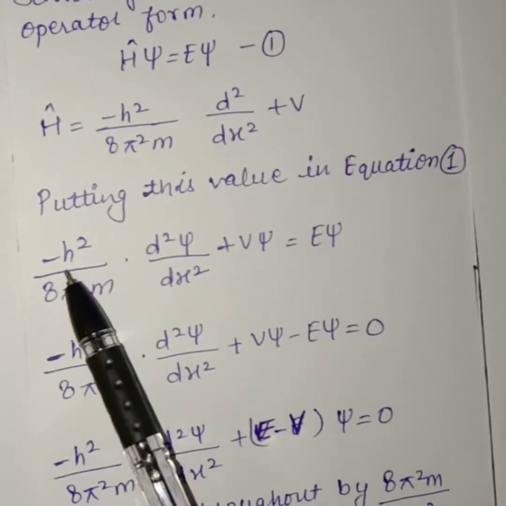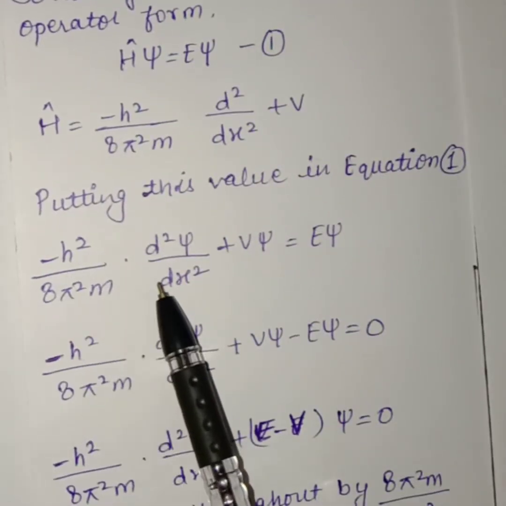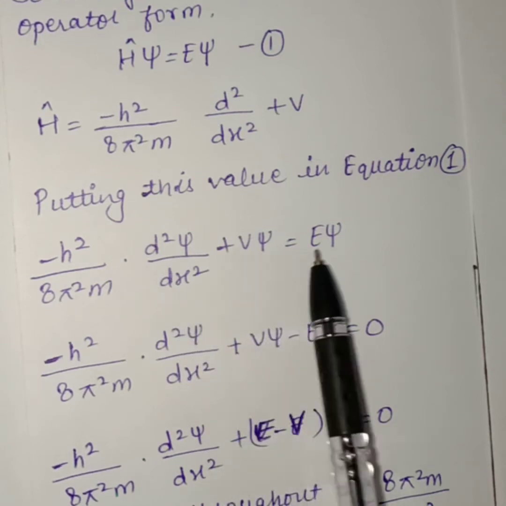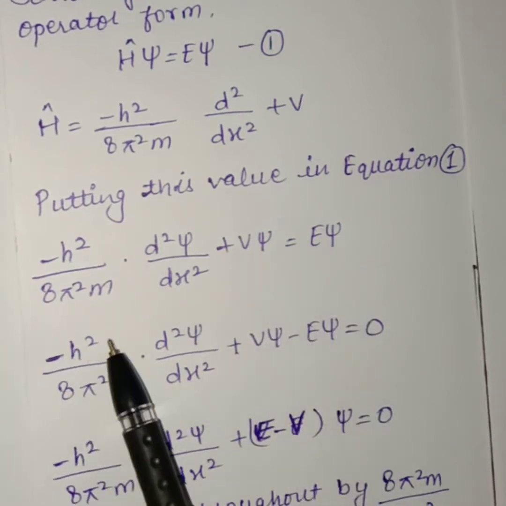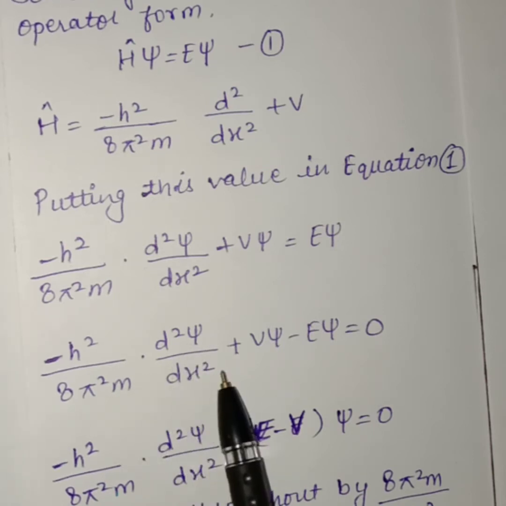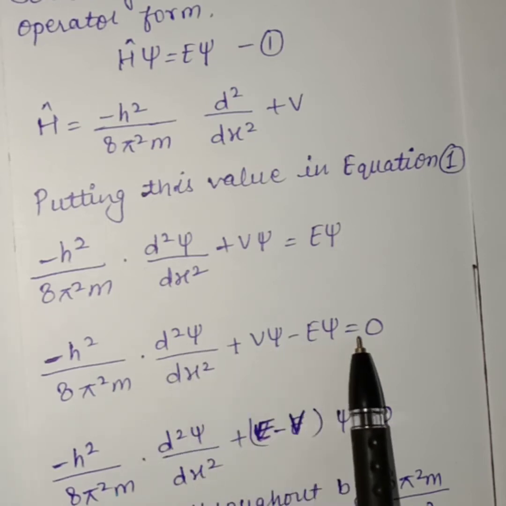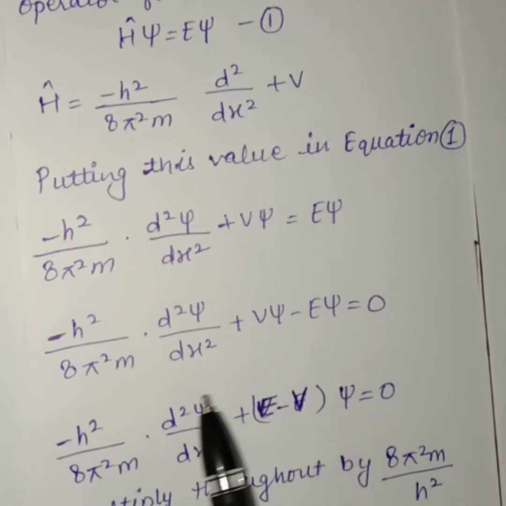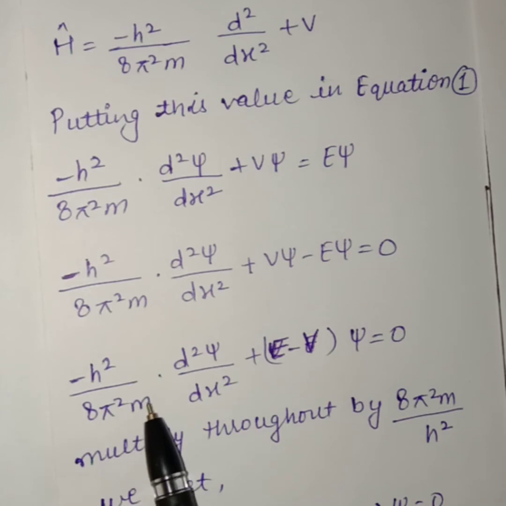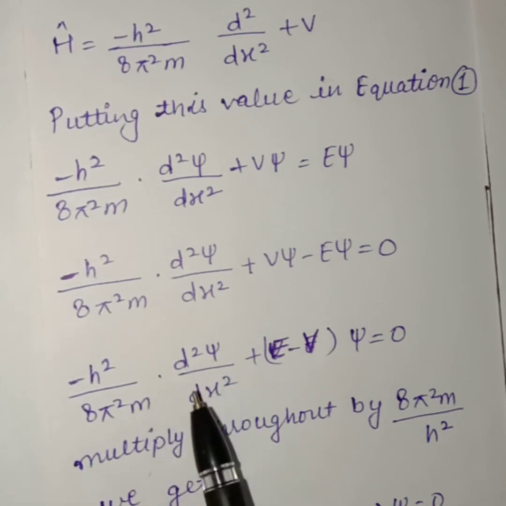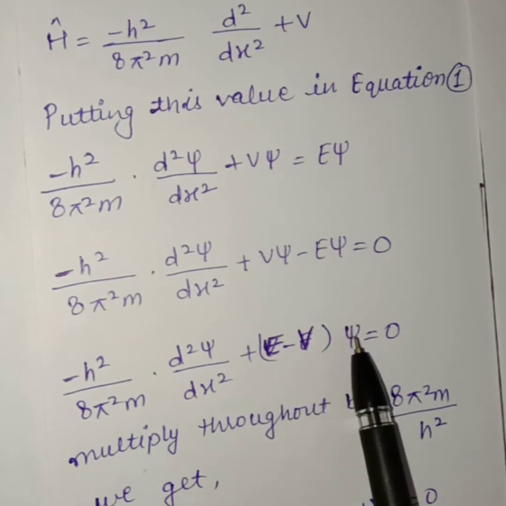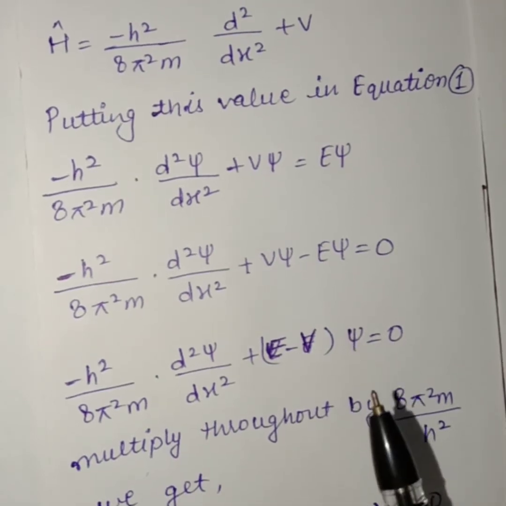We will get minus h square by 8 pi square m d square ψ by dx square plus Vψ equals Eψ. Here we can take ψ common and the equation becomes minus h square by 8 pi square m d square ψ by dx square, plus (E minus V)ψ equals 0.